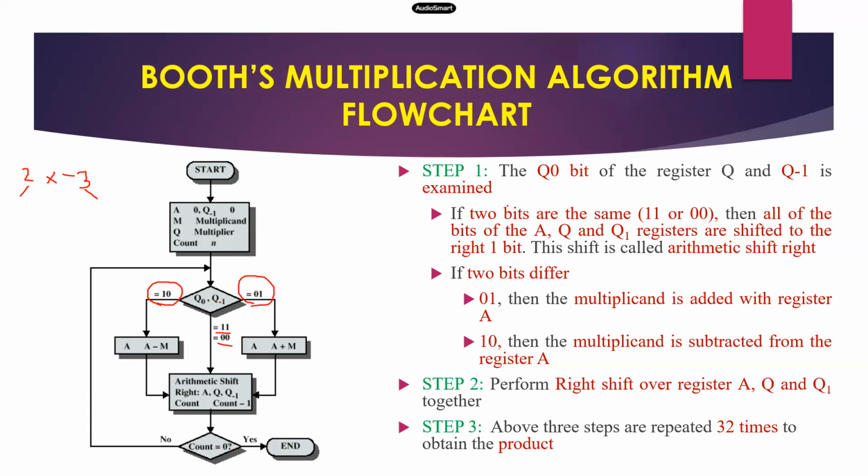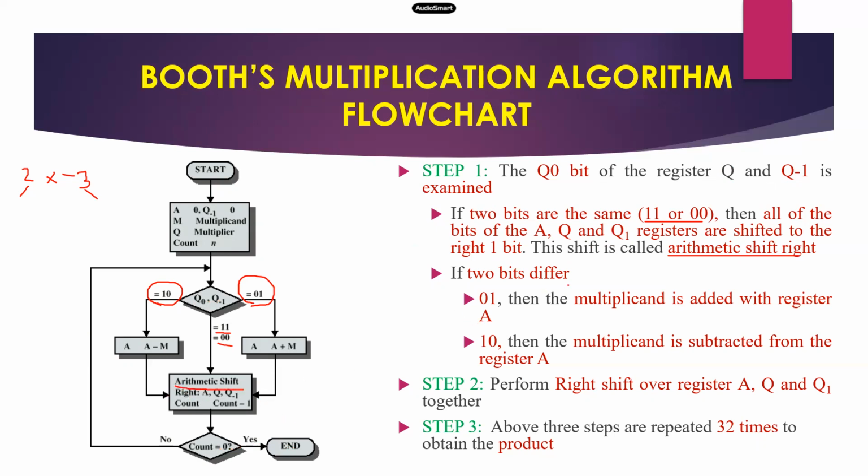So in step 1, the Q0 bit of the register Q and Q minus 1 are examined. If the two bits are the same, that is 1 1 or 0 0, then all of the bits of the A, Q and Q minus 1 registers are shifted to the right by 1 bit. This shift is called the arithmetic shift right.